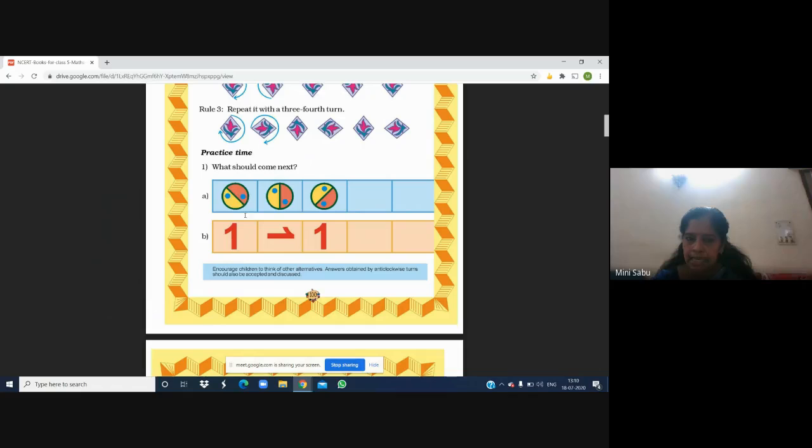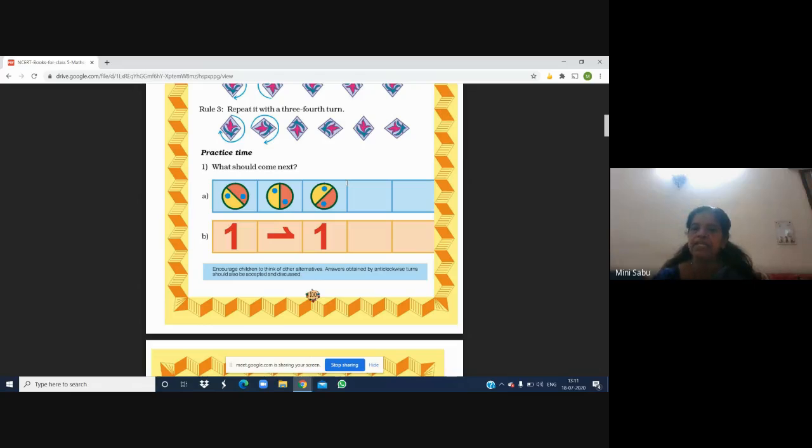Now you see this circle. Inside the circle you can see a green line. Is it not? And this green line is pointed towards this corner. Then in the next one, this green line is moved from this corner to the center line. Then in the next, this green line is moved to the next corner.